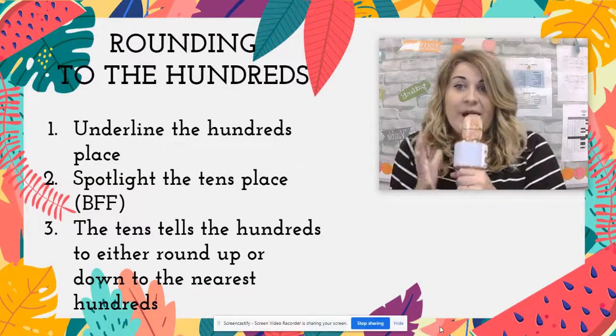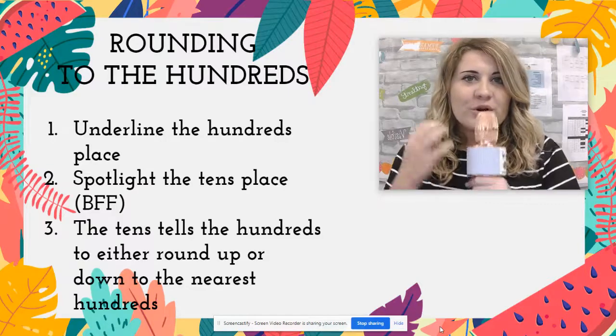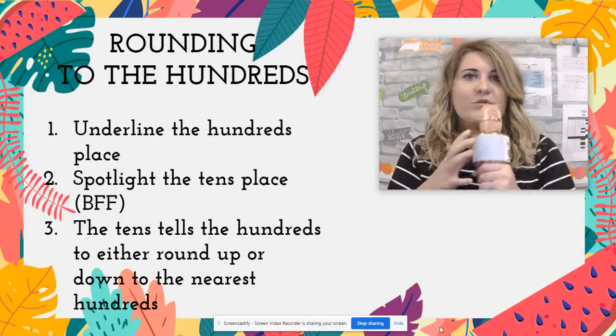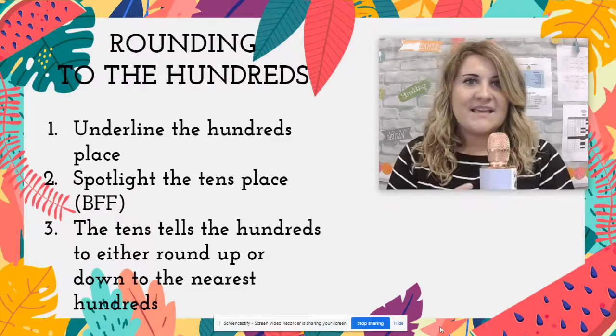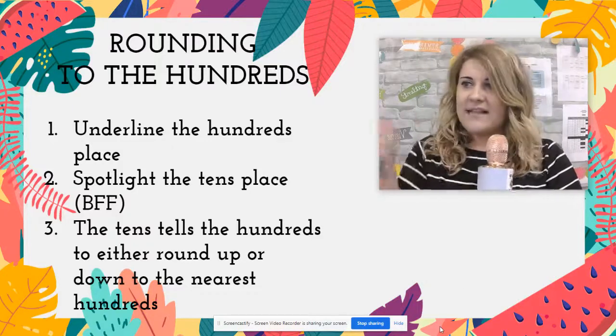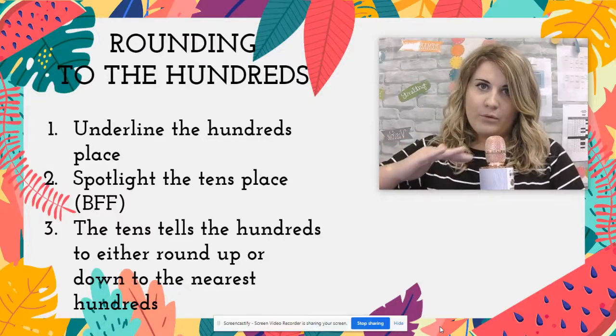Literally, it's right beside it. And with your BFF, with your best friend, you are super close to them. You want to be with them all the time. So the closest place to the hundreds is the tens. So that's why the tens is going to be the BFF today to the hundreds, okay? And the tens is going to tell the hundreds to either round up or stay the same. It's going to either shove up or rest.